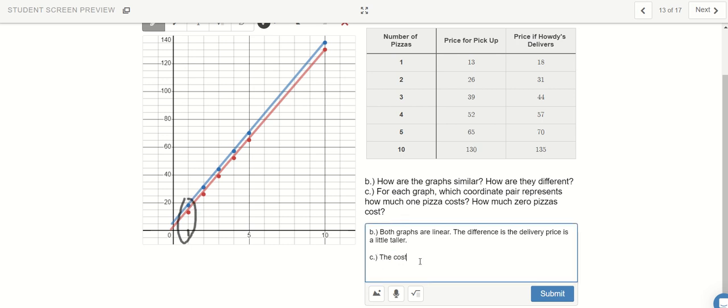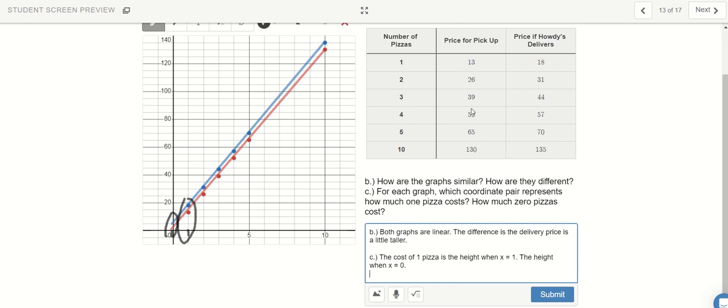The cost of 1 pizza is the height when x equals 1. And how can I find how much 0 pizzas cost? Same as before, it would be the height when x equals 0.